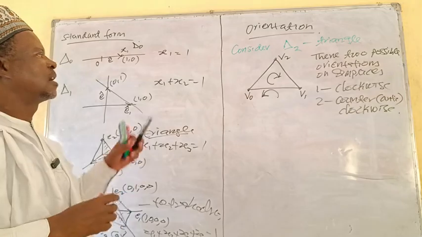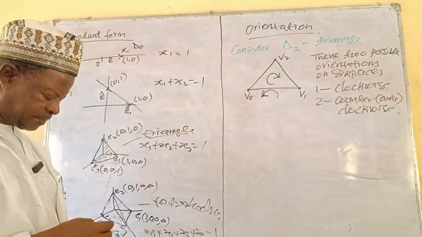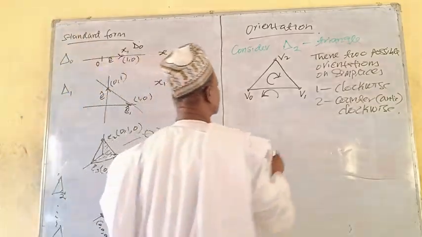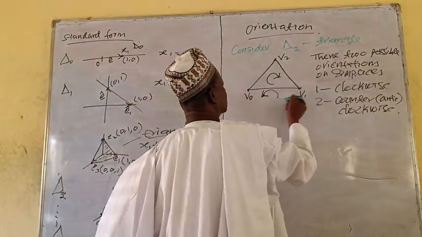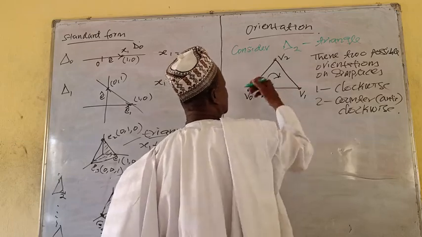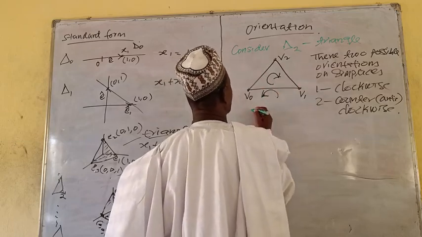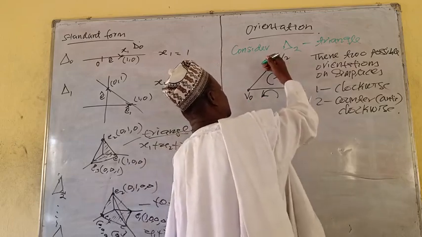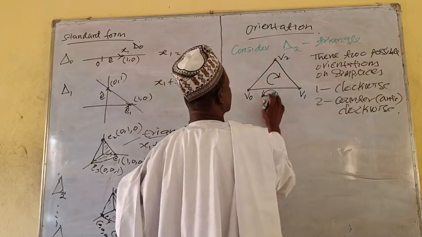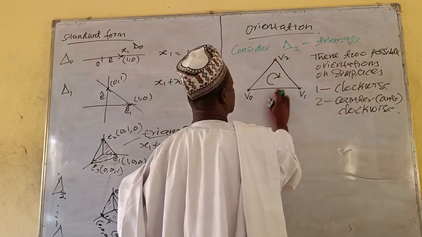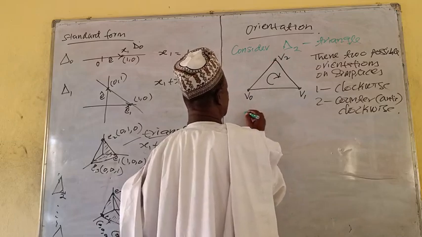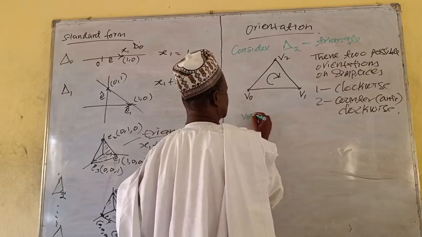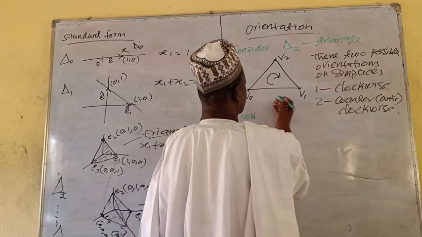Now, as for this triangle, let us pick this one. Supposing I take the other one, the counterclockwise, the one going this way. So how do we do it? I will have B0, B1.